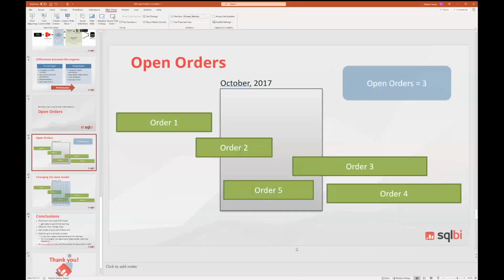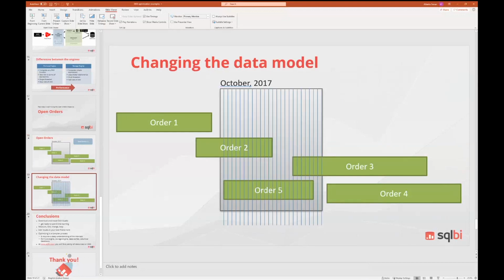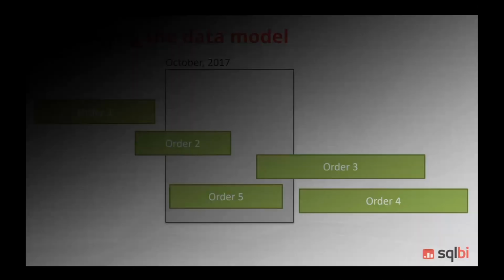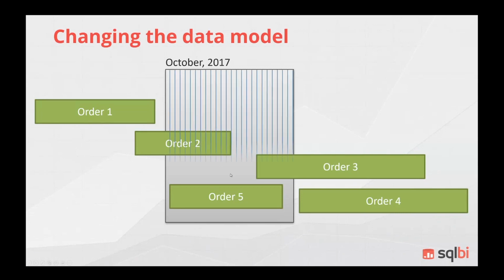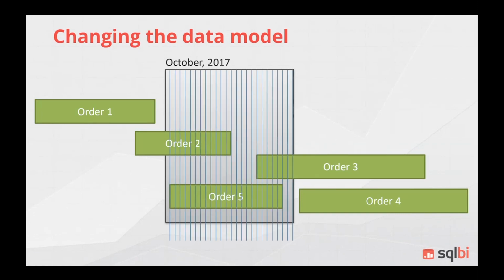To change the algorithm, I need to change the data model and move from this model to this model. Instead of having the order structure in this way, I can change the data model and create one row per day of order. So I create one row for every day where the order is open.